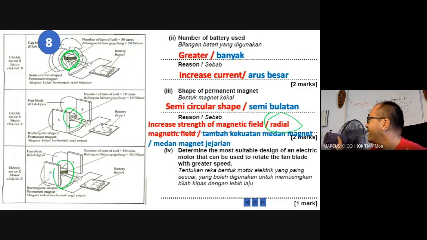Because if we want to use a rectangular magnet, then the butt of your fan will be very rectangular, and over here will be very sharp. And if it suddenly falls on your foot, it's going to be very painful. Although technically, I think that if you use a rectangular magnet, the magnetic field will be stronger.